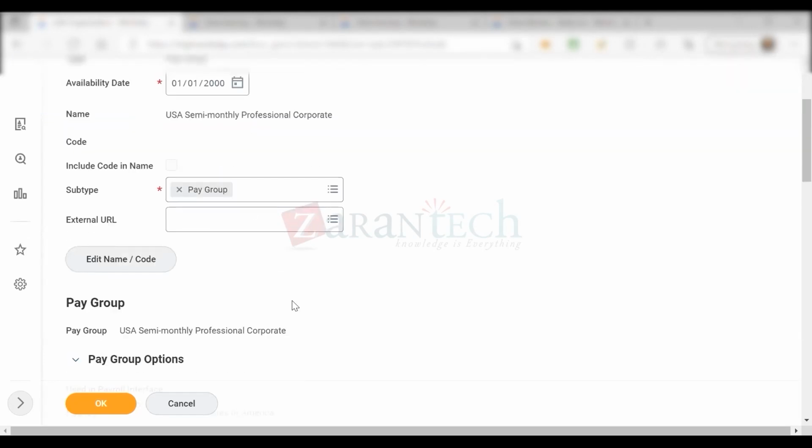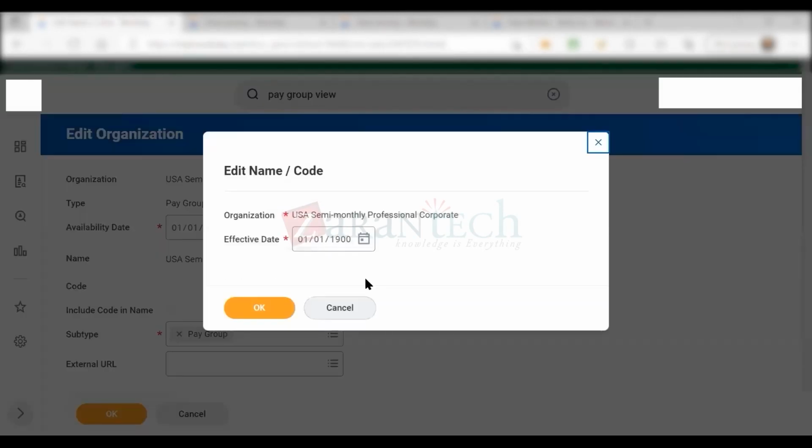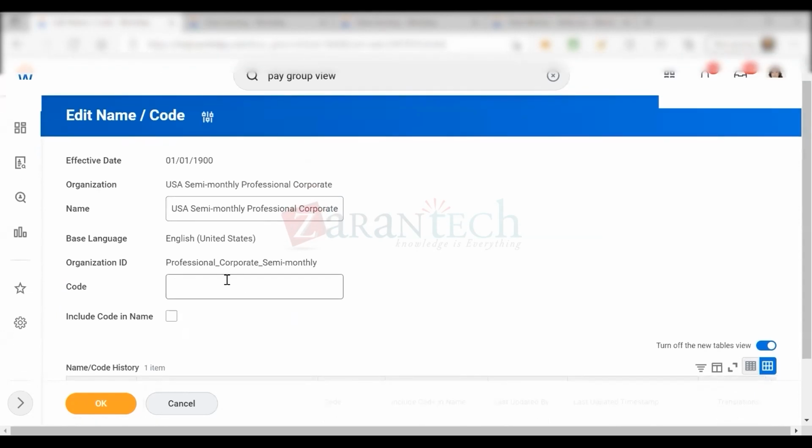Subtype is pay group. We can edit name and code by clicking on that. Currently there is no code, but if I want to put some alphanumeric code, it's a free flowing text box, so we can put anything here.